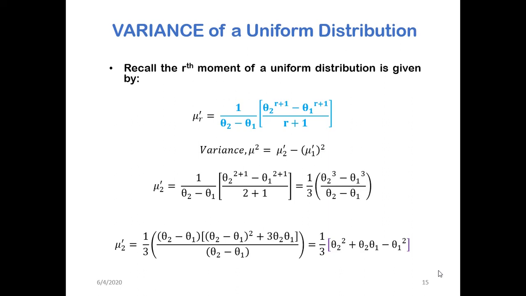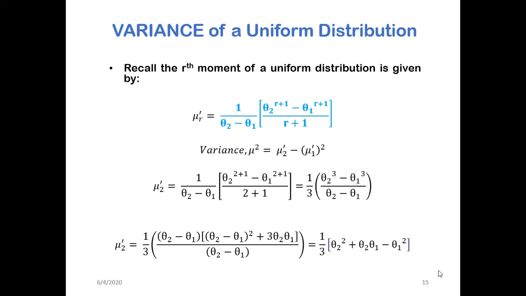I'm repeating that when you speak of a variance, the first thing you have to find is the second moment, because the computation for the variance takes the difference between the second moment and the mean squared. The second moment is obtained by just substituting 2 in the place of r.